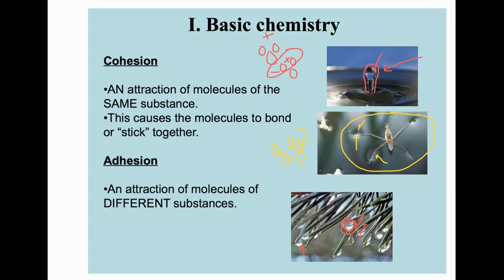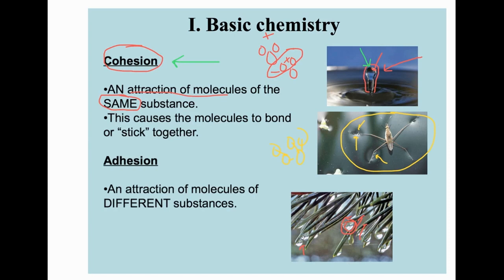All right, so here's the two terms. Cohesion. Cohesion is an attraction between molecules of the same substance. So, water sticking to other water molecules through hydrogen bonds, that's cohesion. Water sticking to water is cohesion.